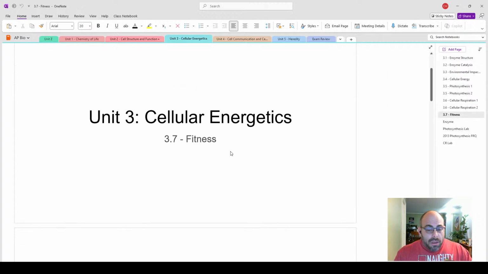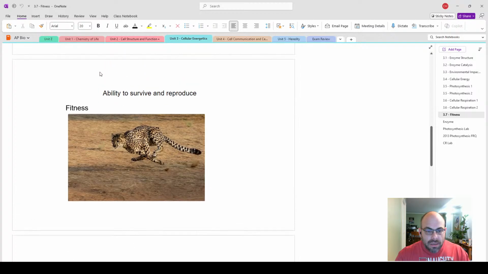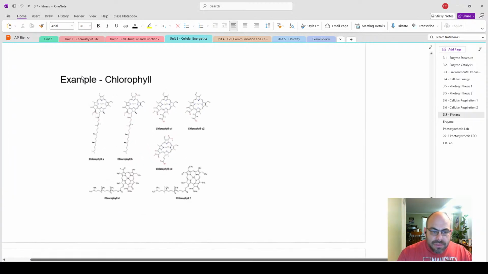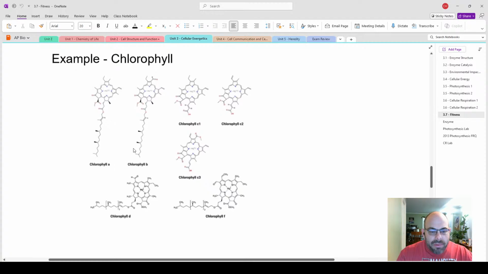All right, so this word, fitness, is an evolutionary concept, first and foremost. So we're talking about things that change survival, right? And so that's why you have the picture of the birds and this ability to survive and reproduce. Think of this as molecular fitness. This picture has 7 different chlorophyll molecules on it. Why would a plant need 7 different chlorophyll molecules? Well, let's take 2 plants competing for sunlight in a forest.